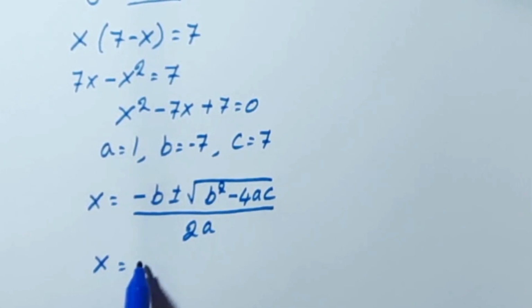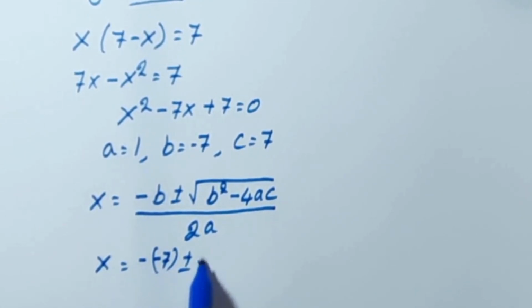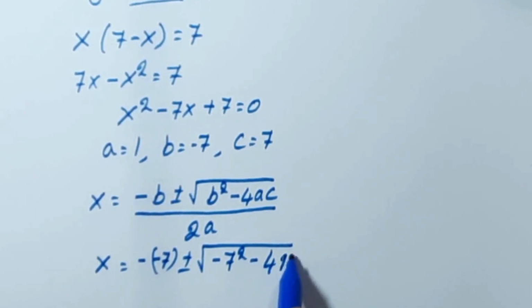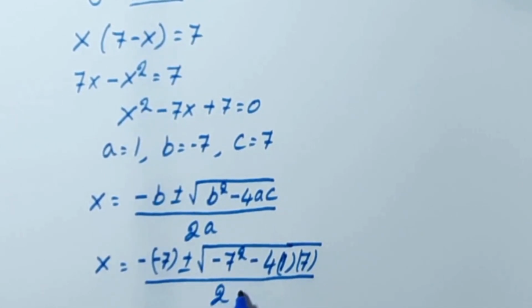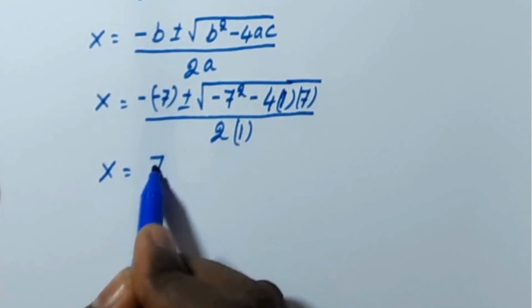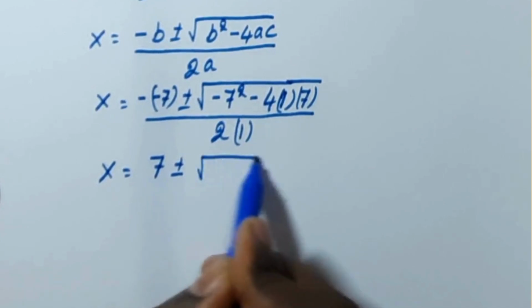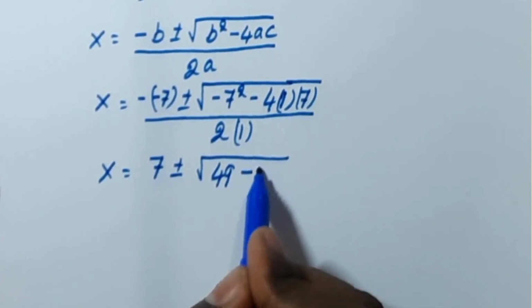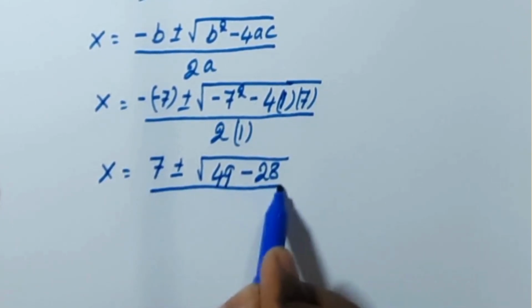Now x equals minus of minus 7 plus or minus square root of minus 7 squared minus 4 times 1 times c, which is 7, over 2 times a. Now x equals 7 plus or minus square root of 49 minus 28, over 2.